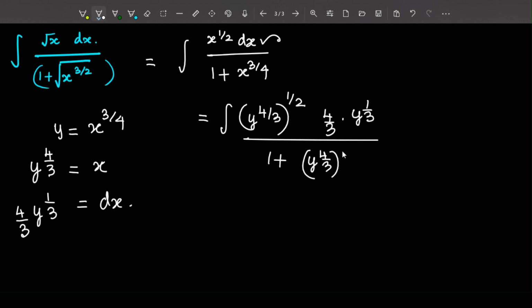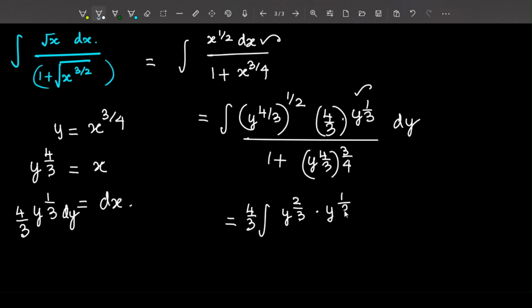So this becomes integration of y power 2 by 3 on top, and I'm taking this constant outside. So 4 by 3 goes outside, so I should have written dy here. So 4 by 3 into y power 2 by 3 into y power 1 by 3 into dy, the whole divided by 1 plus y.